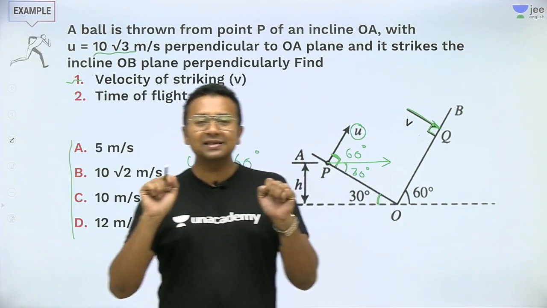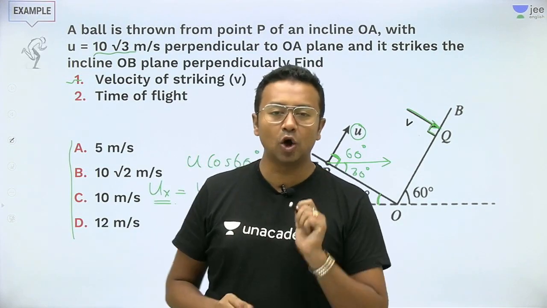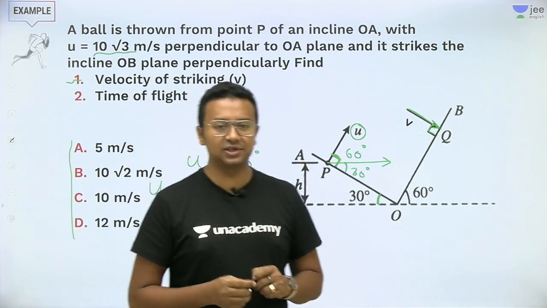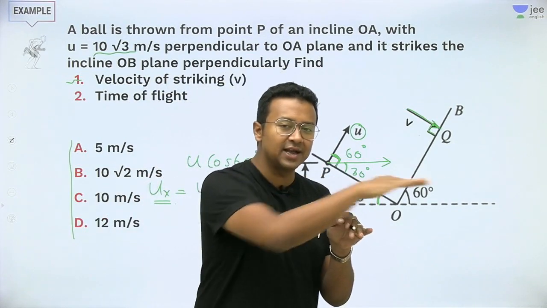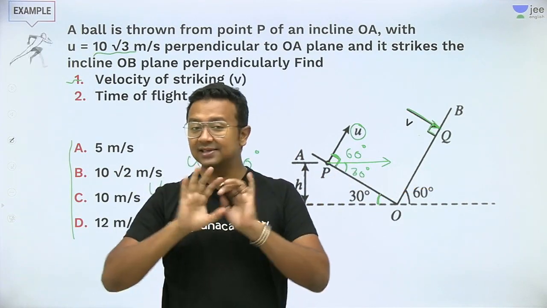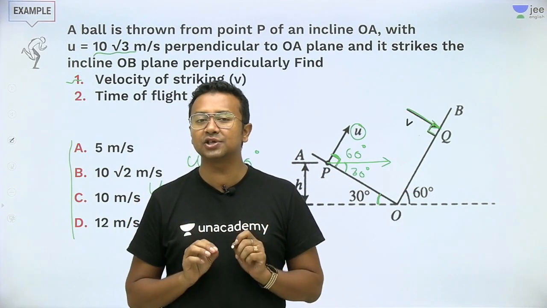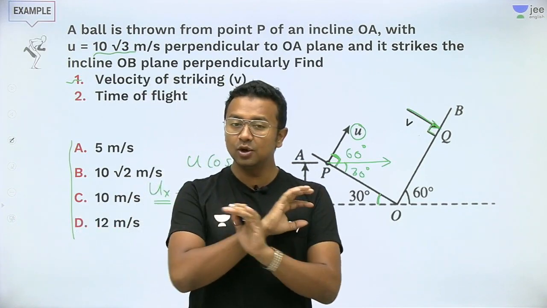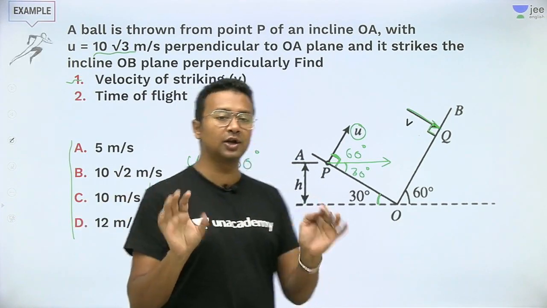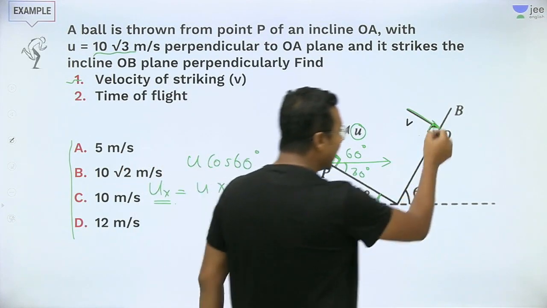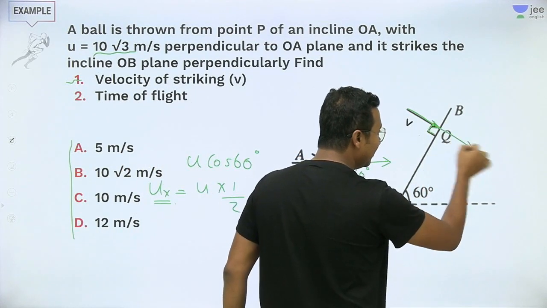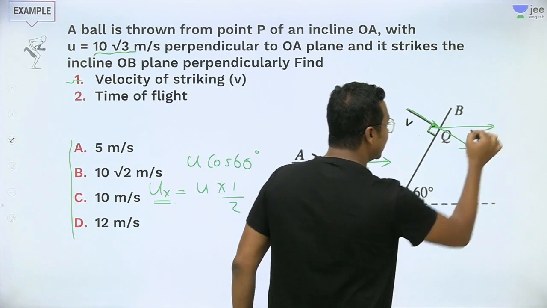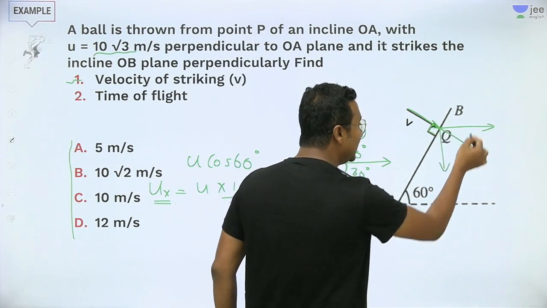Now whatever is the horizontal component of velocity, is it going to change? The velocity in the horizontal direction, does it change? Is there any force in the horizontal direction? No, there is no force in the horizontal direction. So there is going to be no change in the velocity in the horizontal direction. Now here, if you look at this v, the horizontal component of v is going to be how much?